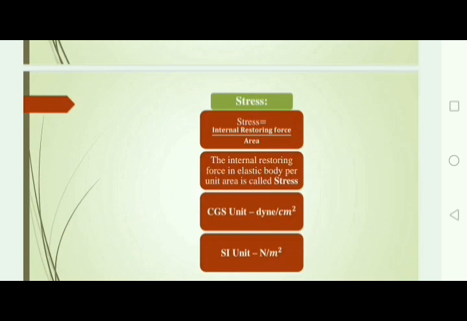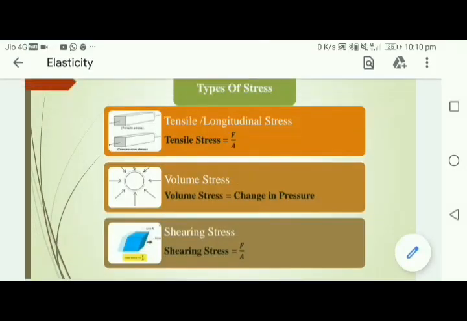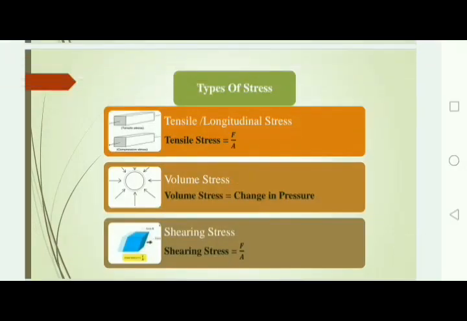The CGS unit of stress is dyne per centimeter square and the SI unit is newton per meter square. So here are the types of stress. First is tensile or longitudinal stress. Second is volume stress, and third is shearing stress. So what is tensile stress?